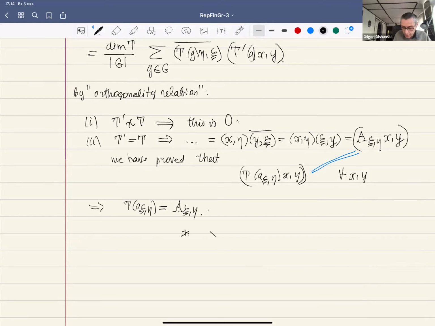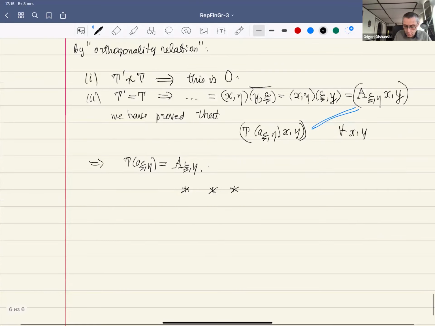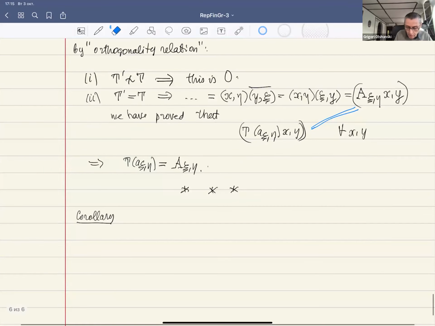One consequence, corollary, is one of the possible proofs of a Burnside theorem.